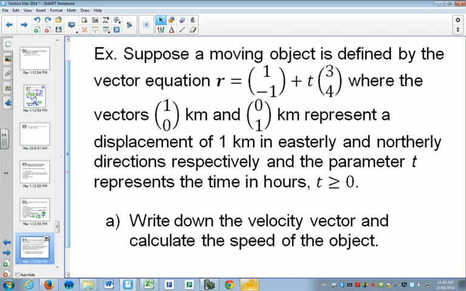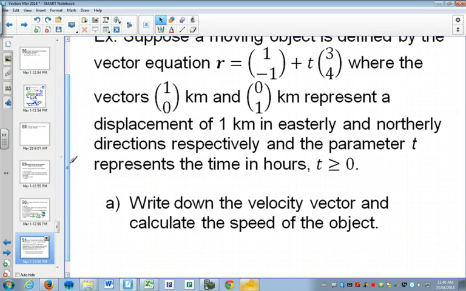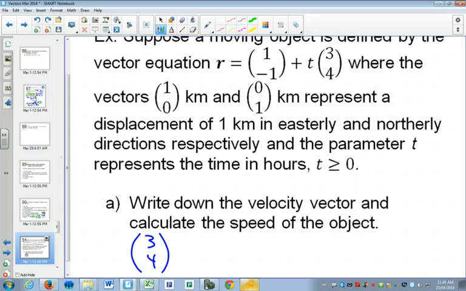And we're dealing with time. Write down the velocity vector. So the velocity vector is (3, 4). Calculate the speed. The speed will be the length of that velocity vector, 3 squared plus 4 squared.